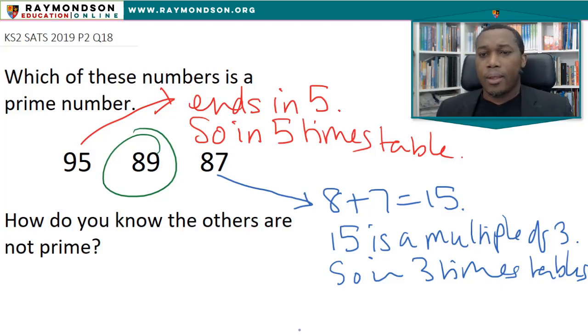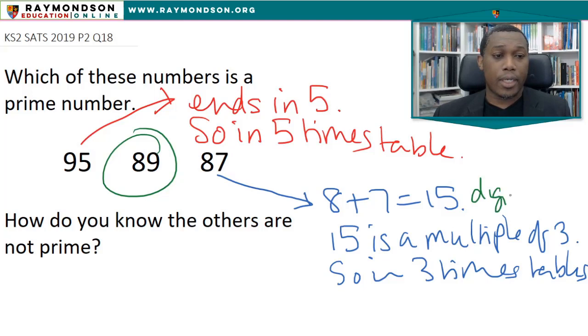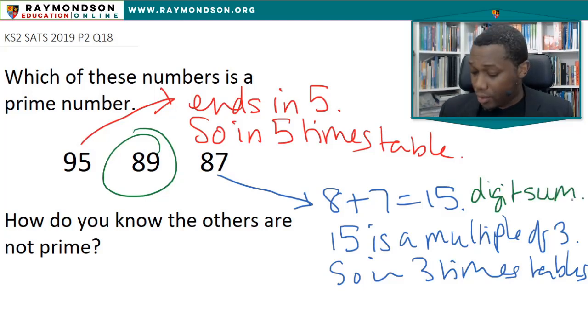Okay, right. So the second idea: any number with a digit sum. We call it the digit sum. If a number has a digit sum that's in the 3 times tables, and digit sum because I added the digits, so 8 plus 7. Digit sum is 2 separate words.